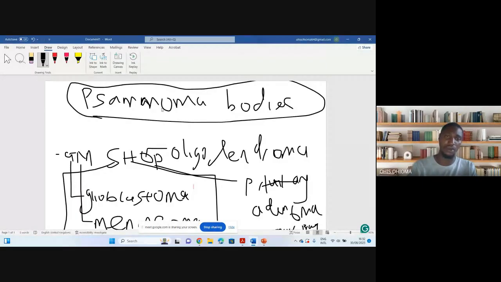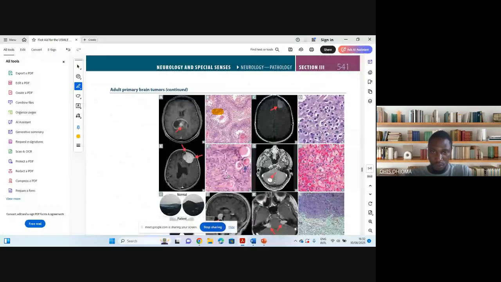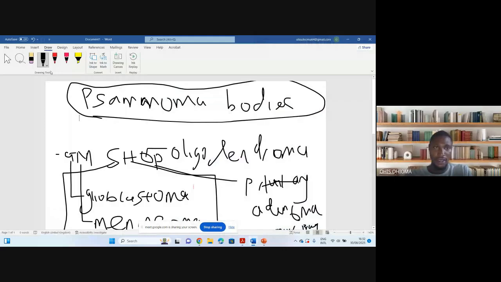So what you see for a meningioma is what we call a laminated calcification. Let me show you guys what it looks like. On the histology, you're seeing whorls.